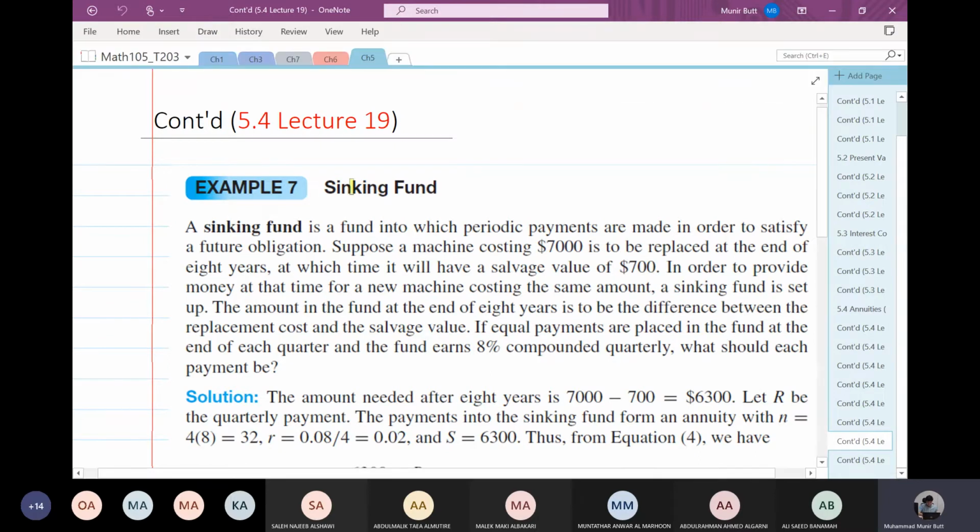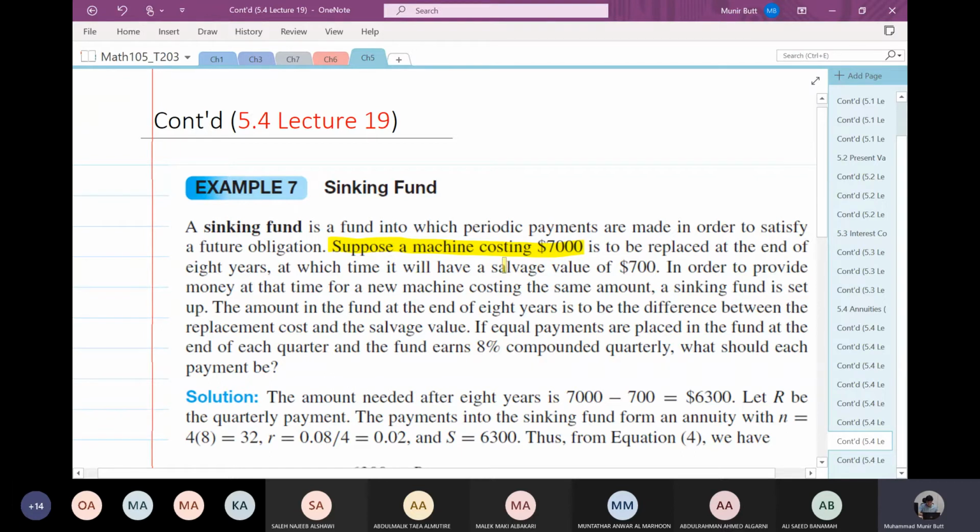Suppose a machine costing $7,000 is to be replaced at the end of 8 years. So if we have a machine working somewhere, its life is 8 years, and after 8 years we have to replace that machine.